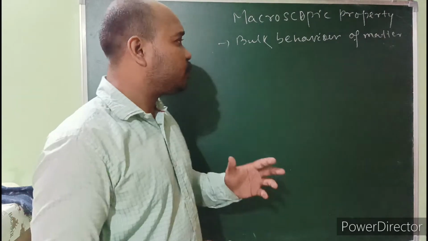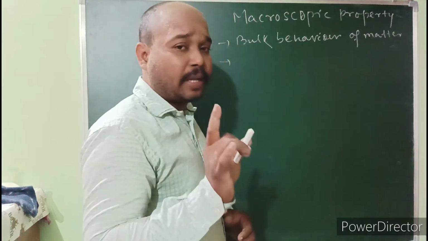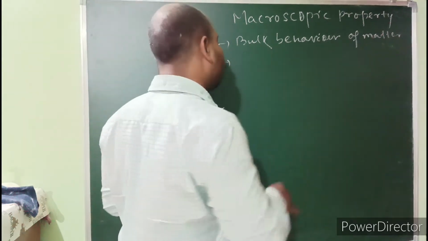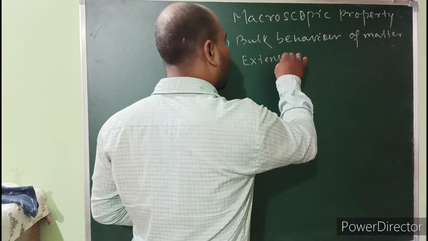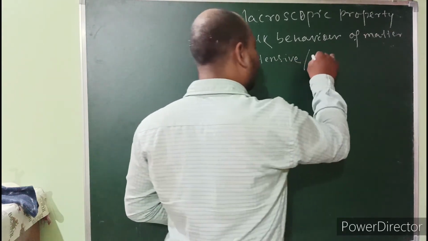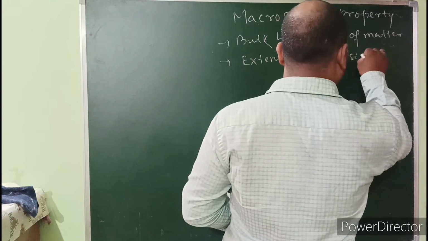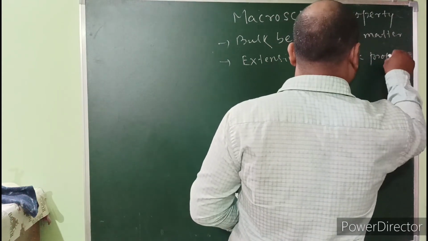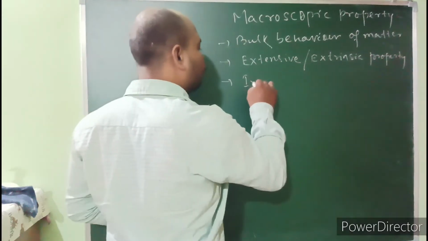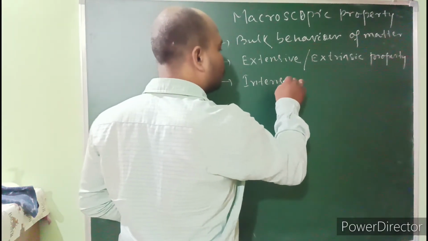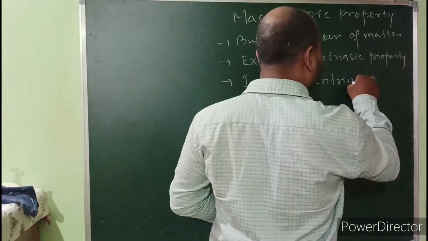Next, macroscopic property is classified into two types: extensive or extrinsic property, and intensive or intrinsic property.